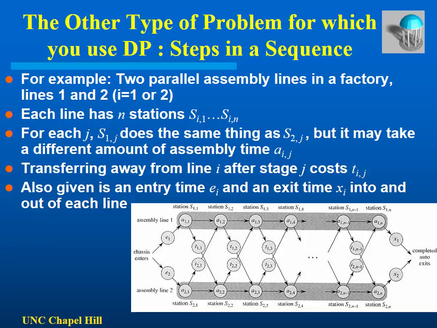As I've said, for each j, S sub 1,j does the same thing as S sub 2,j, but they each have their own times for completing the task, and we'll let A sub ij refer to the time taken to do the task at station S sub ij.